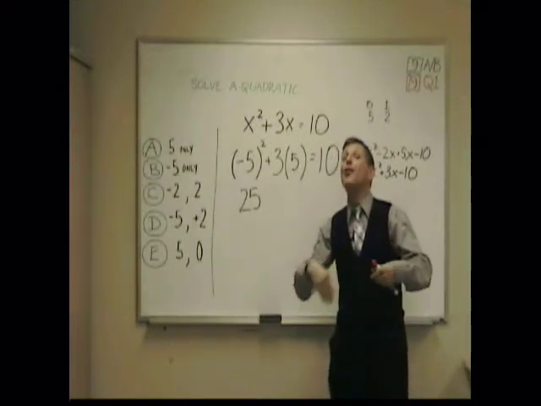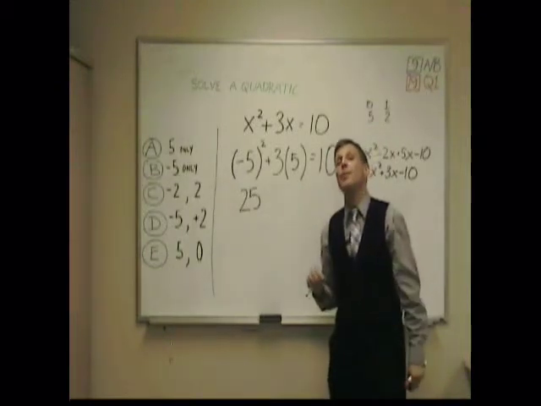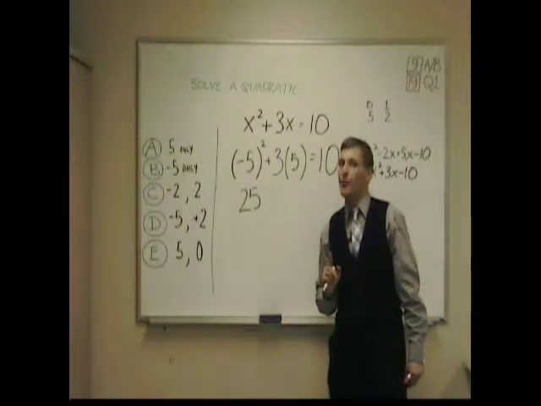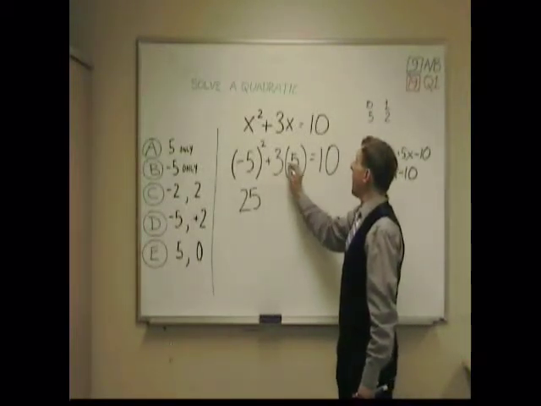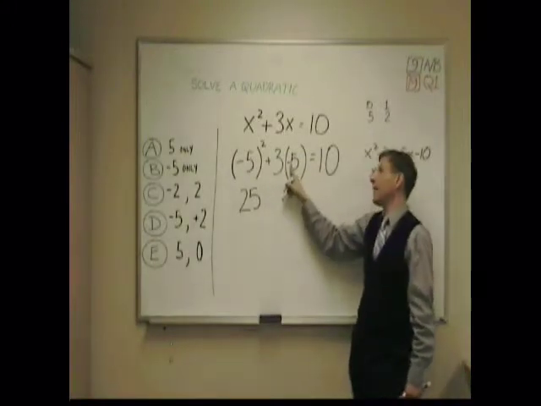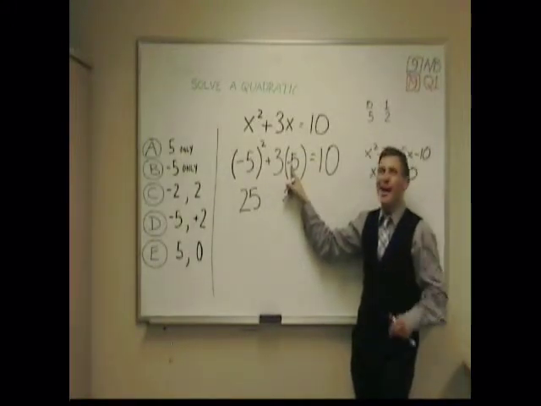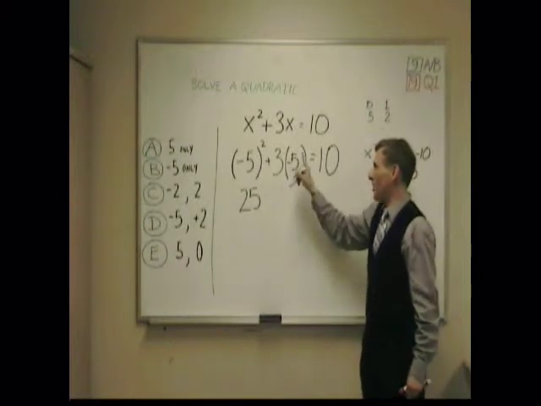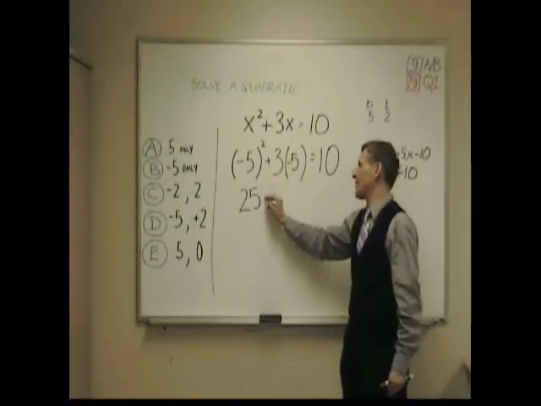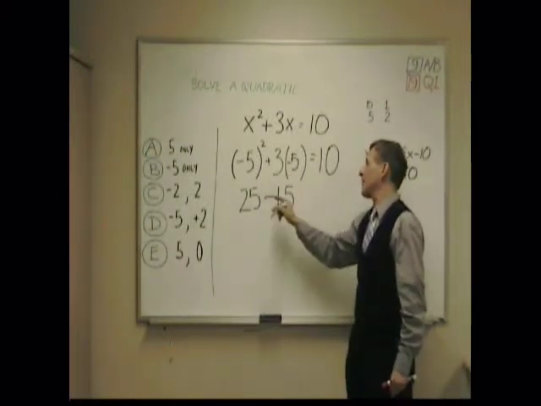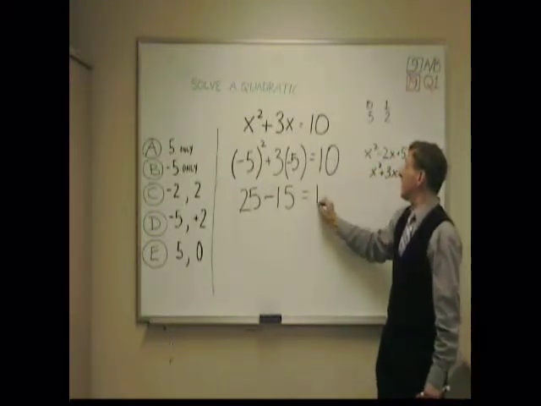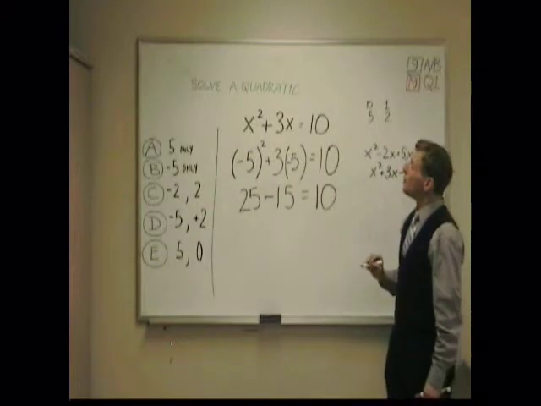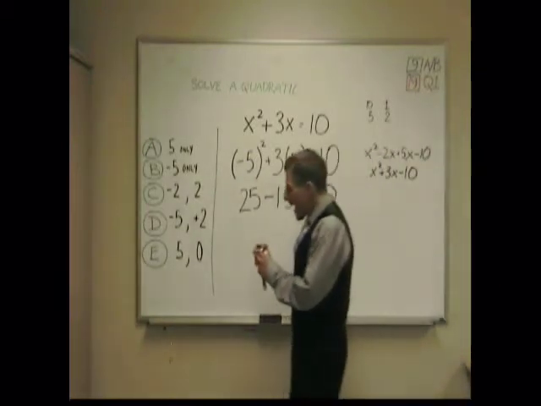So it's -5 times -5. 2 negatives in multiplication, as we remember, become positive. Here I have positive 3 and -5. Please remember the sign. I almost left it out. Always remember to put your sign in. Unlike signs are negative. 25 take away 15 is 10. That works. It works with -5. So B has potential.